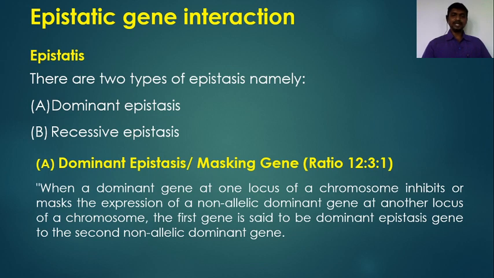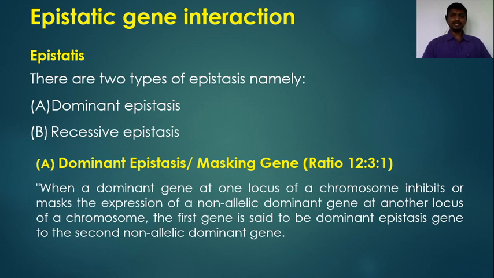So here two dominant alleles are present in the individual, and when a dominant gene at one locus inhibits or masks the expression of a non-allelic dominant gene at another locus, it is referred to as dominant epistasis.